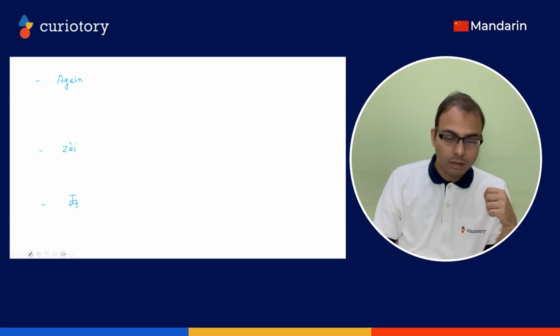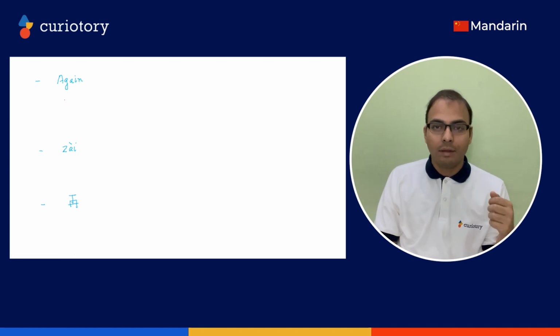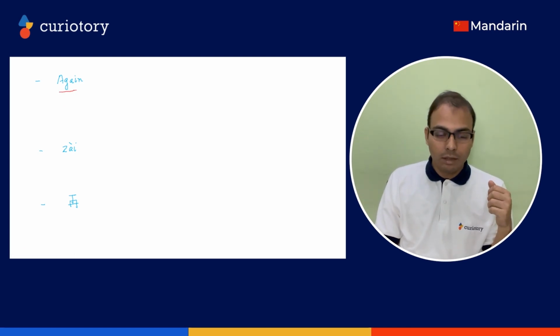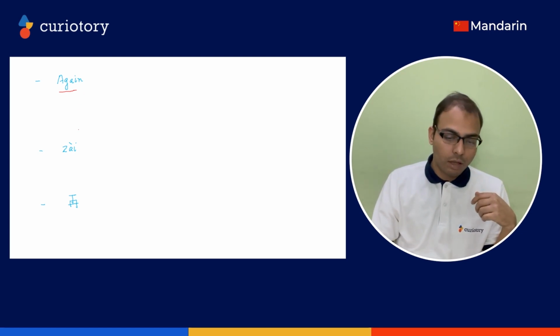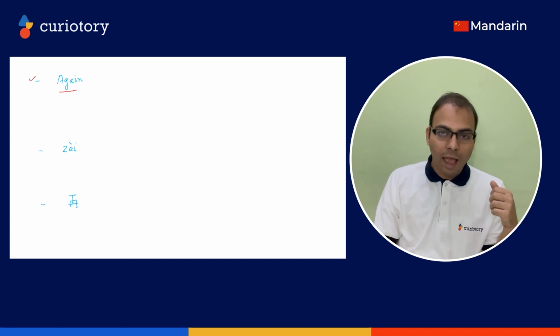Here 再 means again, so it's the subject here. Of course, the pinyin is zai with the fourth tone, and the character is this.